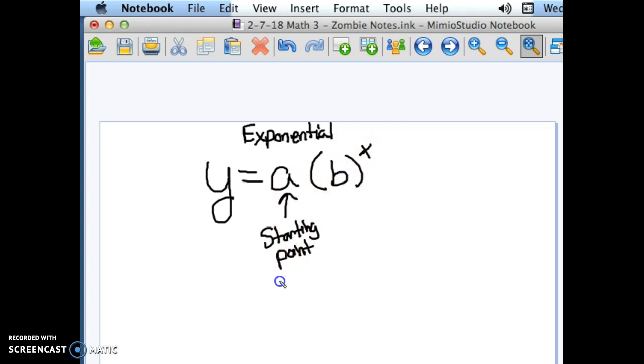That's always going to be my y-intercept. And in this case, the b is the rate we are multiplying by.